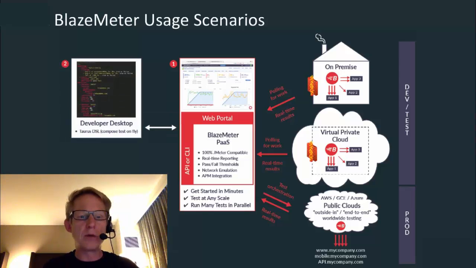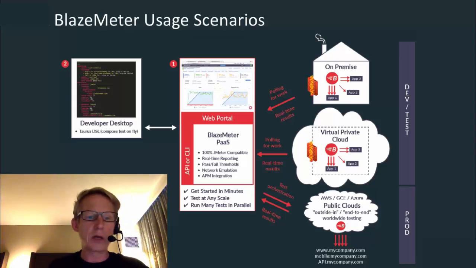Now let's talk about how you can execute tests besides in the web portal. One first case we'll talk about here is the developer's desktop. And in this case, we're using the Taurus DSL and command line interface, also known as a CLI, to run right from within an IDE or from a command line. And this allows a developer to build their test as they build their code, and to build it as text, not as something they have to do in a proprietary tool, right?